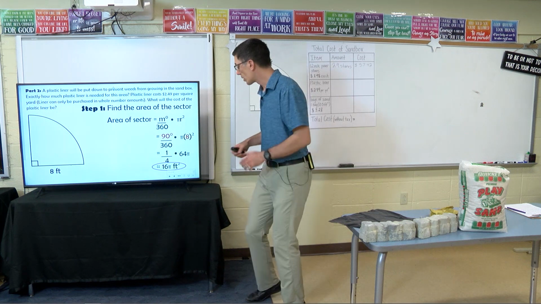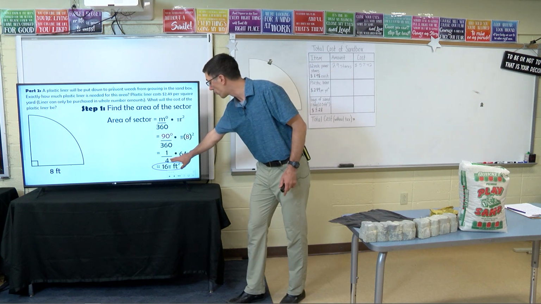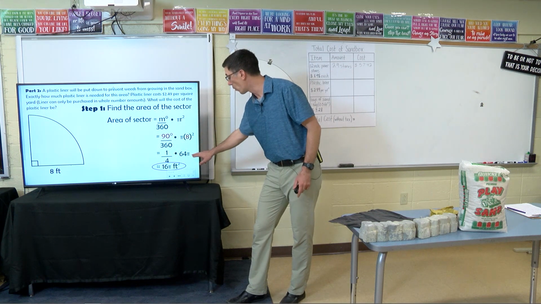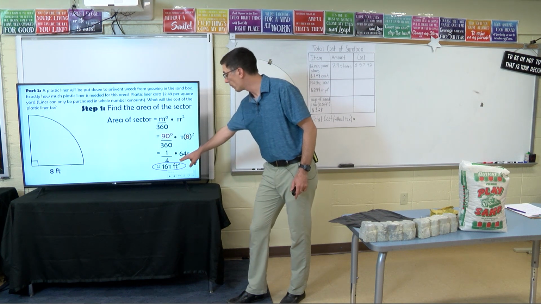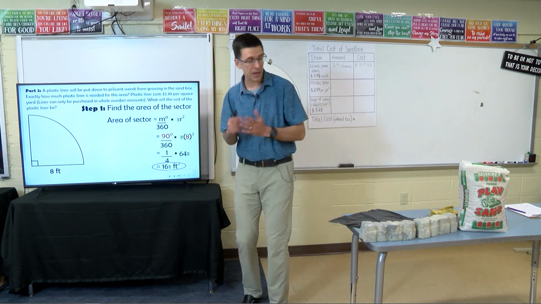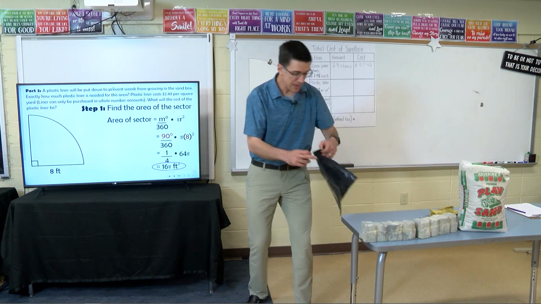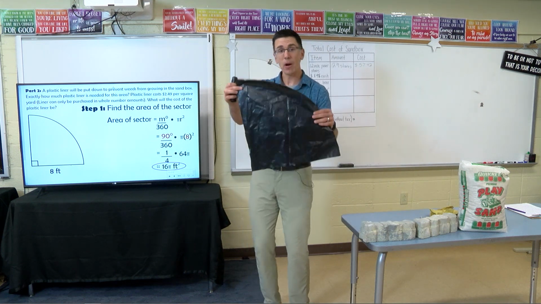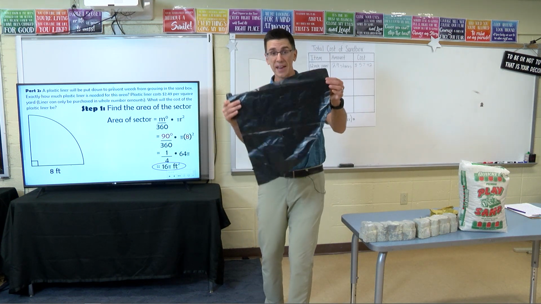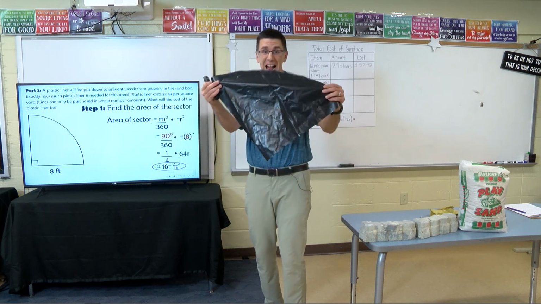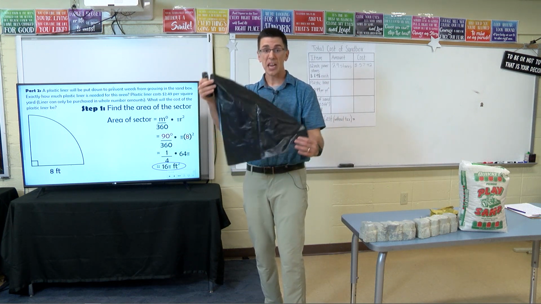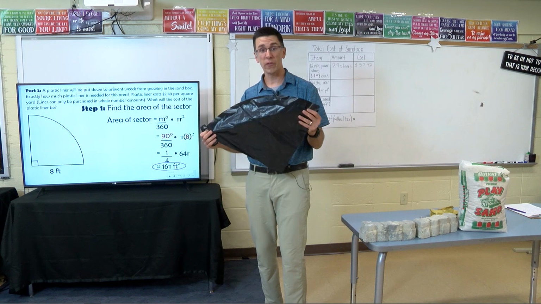Now, 90 over 360 again is 1/4. 8 squared is 64. That's 64 pi, and 1/4 of that is 16 pi. So that means the area of this liner, if we cut it out to be the exact size of the sandbox, would be 16 pi square feet.